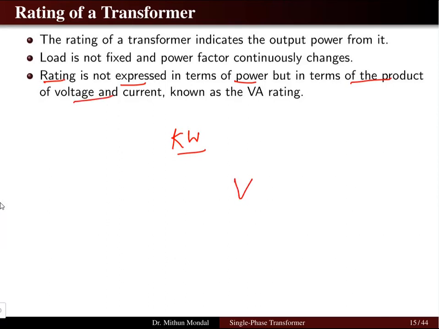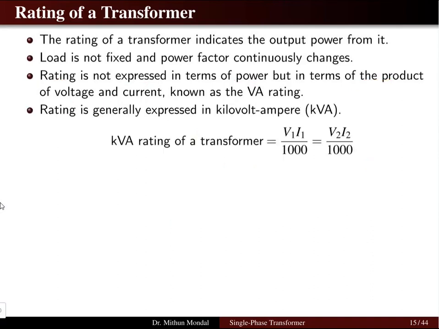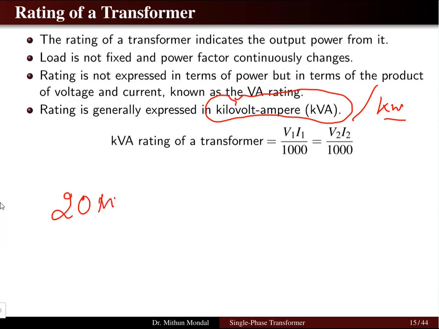We have seen in single phase AC networks that the complex power or apparent power is the product of voltage and current, which, as a bigger quantity, is given by the kVA rating of the machine. So the kVA rating is basically the rating of the transformer and it is not given in kilowatt. Whenever we see the nameplate details of a transformer, we may see it given as 20 MVA, that is megavolt ampere, or 100 kVA, 100 kilovolt ampere.